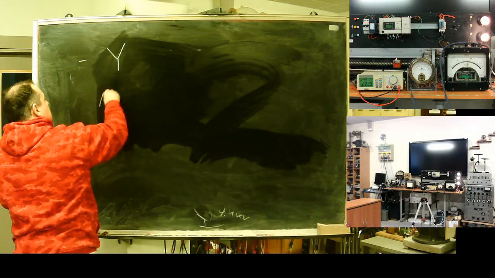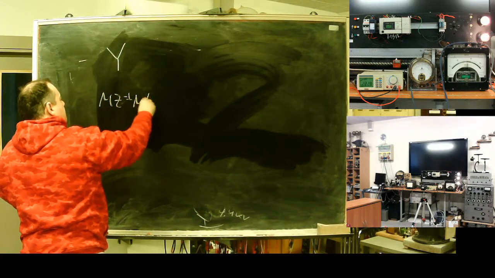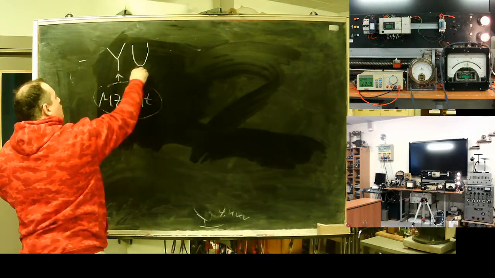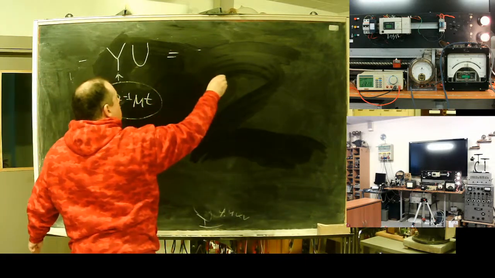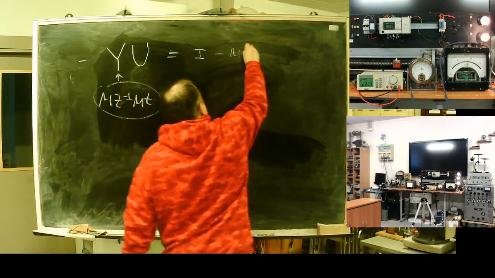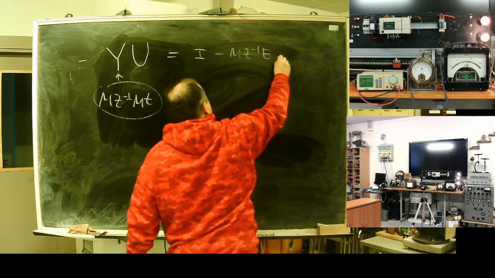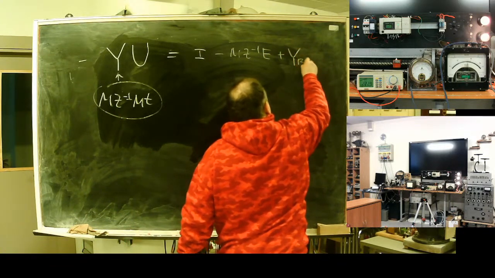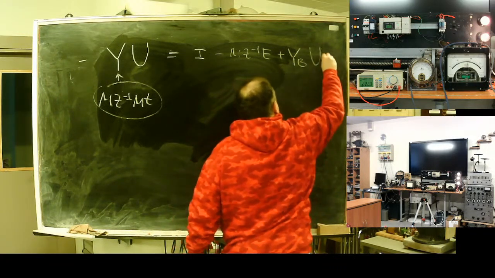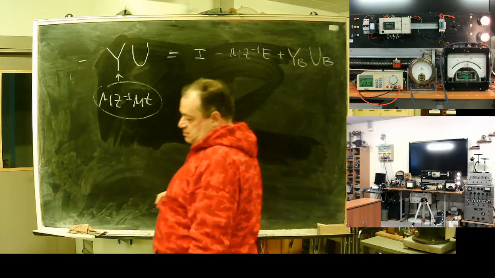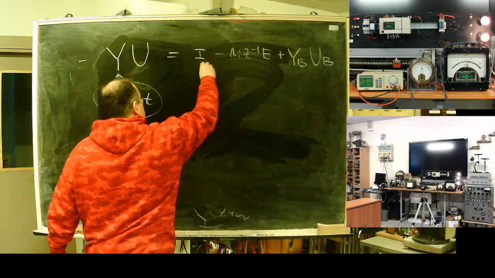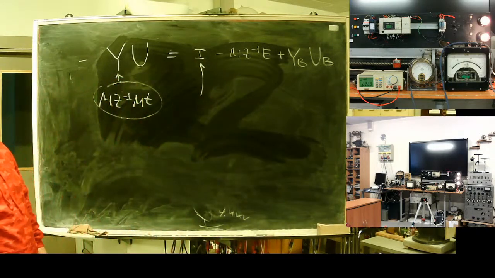Nodal admittance matrix multiplied by node voltage vectors should be equal to currents minus EMF vector plus base or slack node admittance matrix multiplied by base or slack bus voltage. Let's work with the current vector.